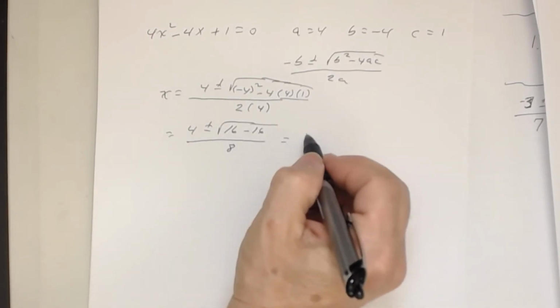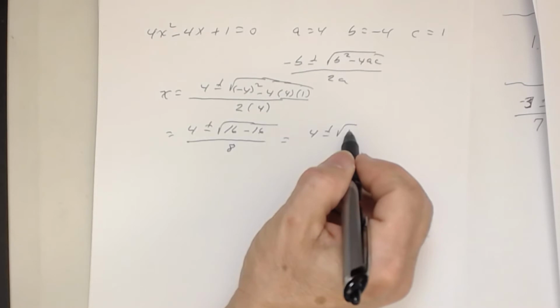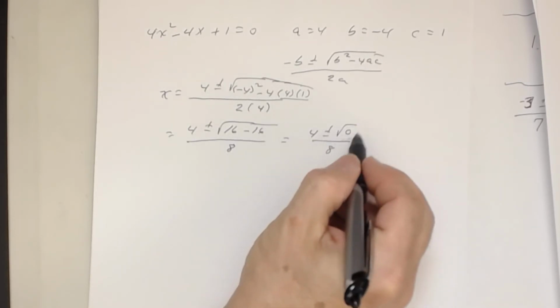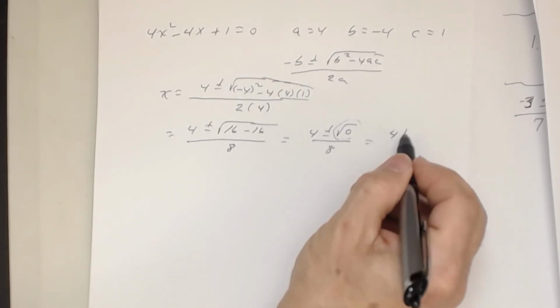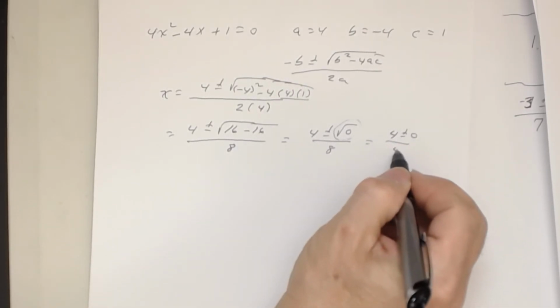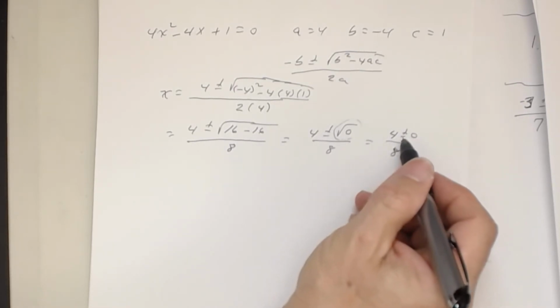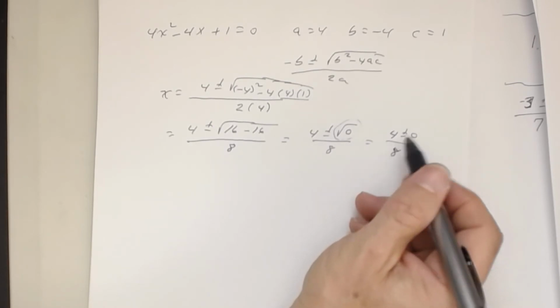Simplify the radicand. That becomes 4 plus or minus the square root of what? 0. Divided by 8. What's the square root of 0? 0. So 4 plus or minus 0, but 4 plus or minus 0 is just what number? 4. That's all it is.